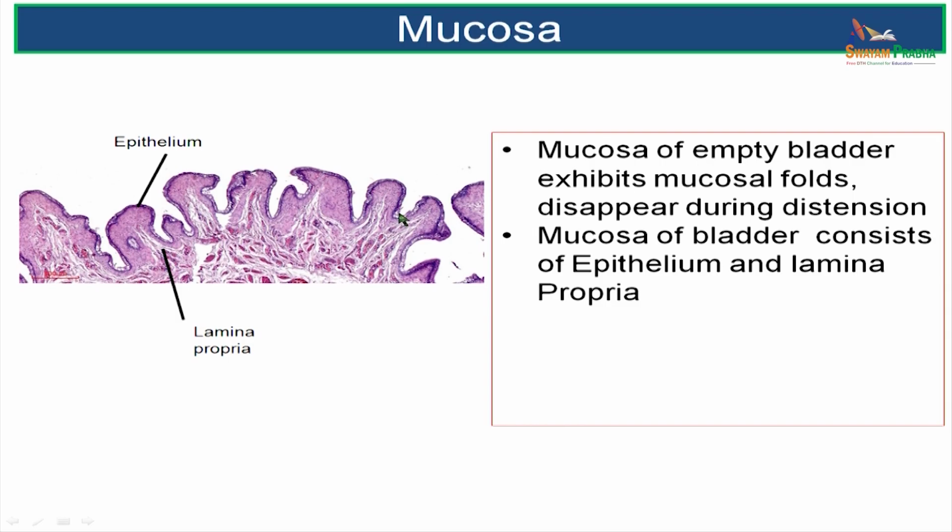When bladder gets distended with urine, the mucosal folds will disappear. So, mucosa consists of transitional epithelium and underlying lamina propria.